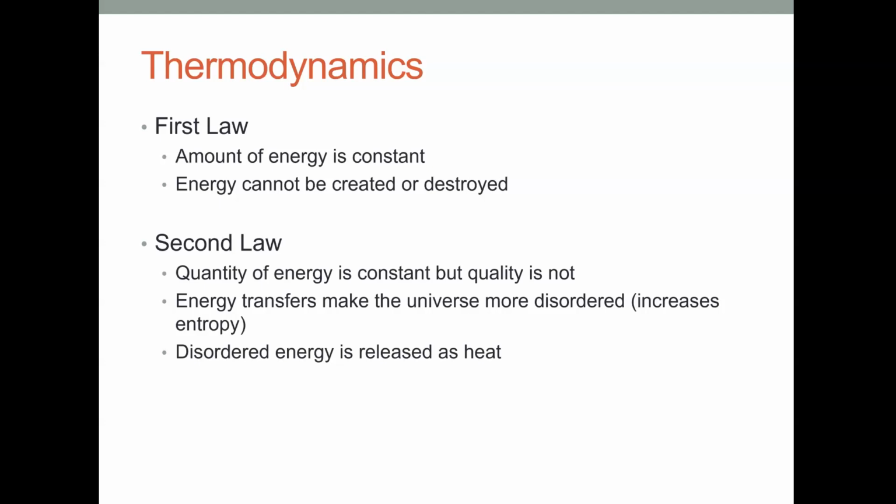And remember that every time we change the form that energy takes, it's going to make the universe a bit more disordered. In other words, a lot of energy is lost as heat. And remember that heat, even though we like it, right? It makes us feel good to be out in the sun or by a warm fire or something. Heat is a very disordered, low quality form of energy.